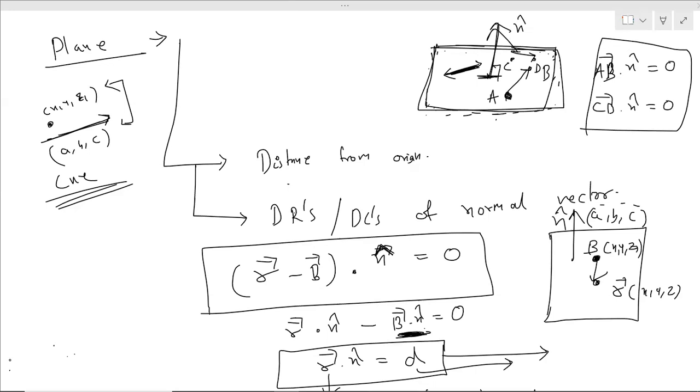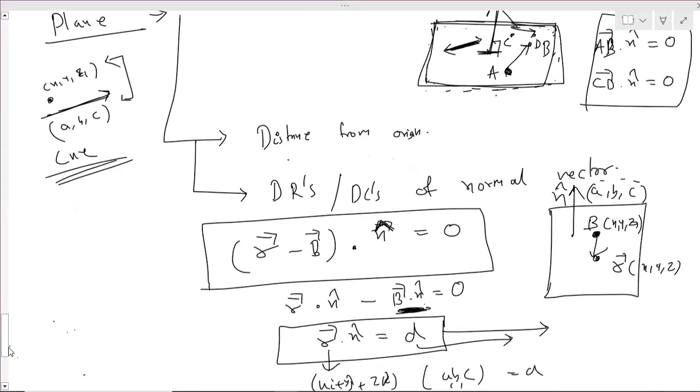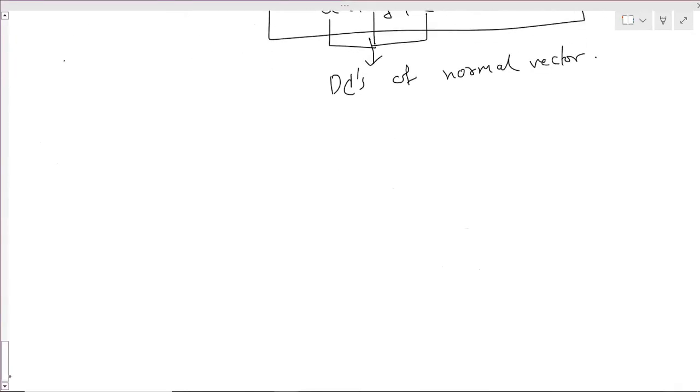Sir, could you please repeat this? All right. See, just understand this. To find the equation of a plane, you need a point and a normal vector to that plane. This vector is perpendicular to the whole plane.